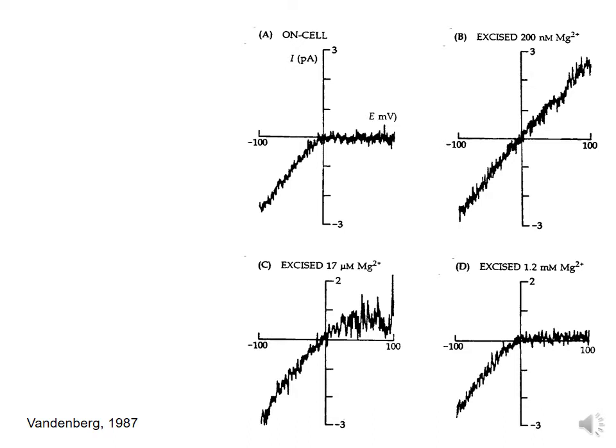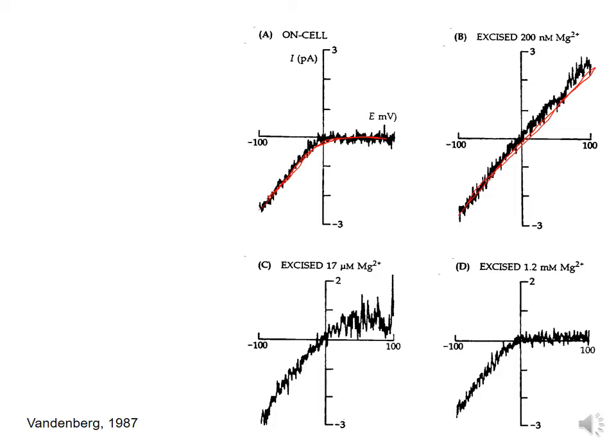If you see the recordings from this cell that expresses these KIR channels, in the on-cell or cell-attached configuration there is very strong inward rectification. Now, when a patch of membrane is excised from the cell, in an inside-out patch configuration, these channels exhibit a linear behavior.